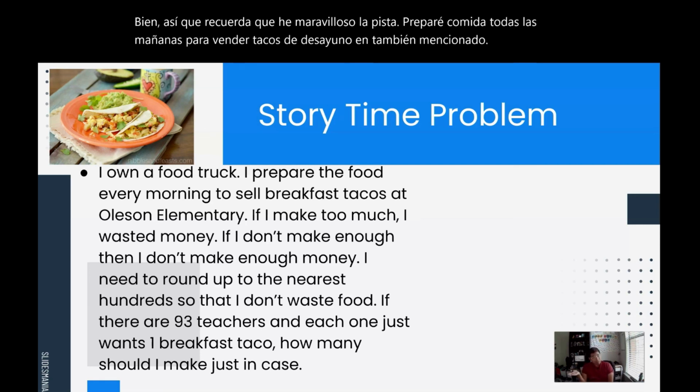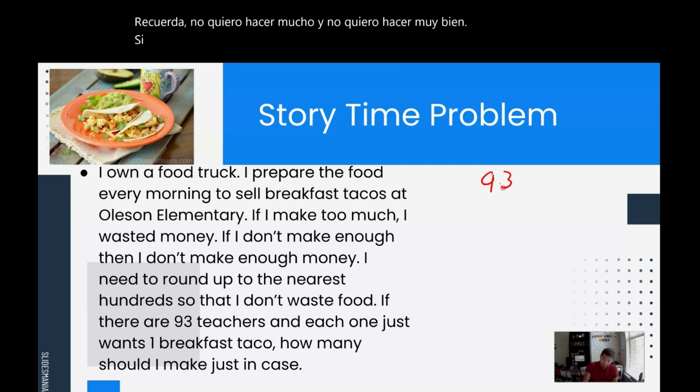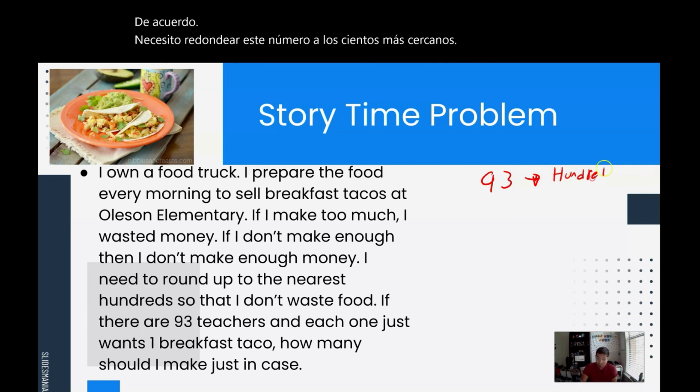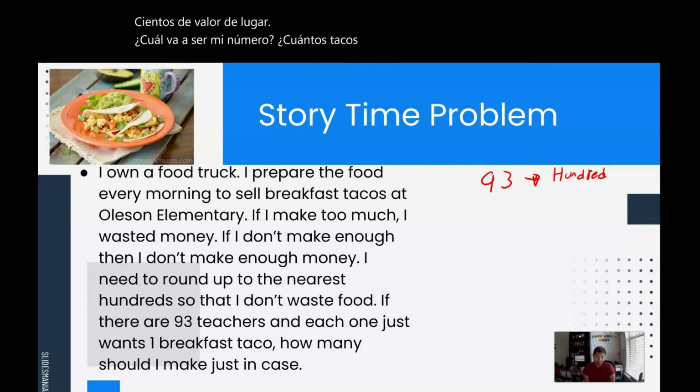Remember, I don't want to make a lot and I don't want to make too little, okay? If there are 93 teachers at Olsen, I need to round this number to the nearest hundreds place value. What is my number going to be? How many tacos do I need to make just in case?